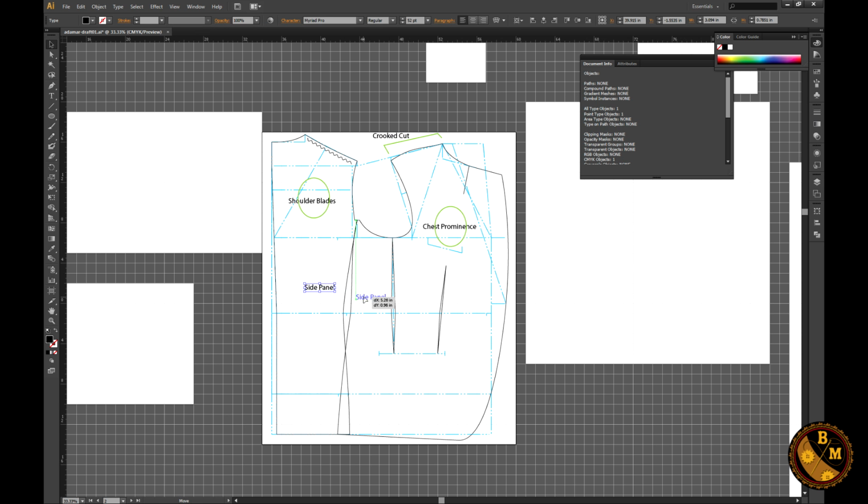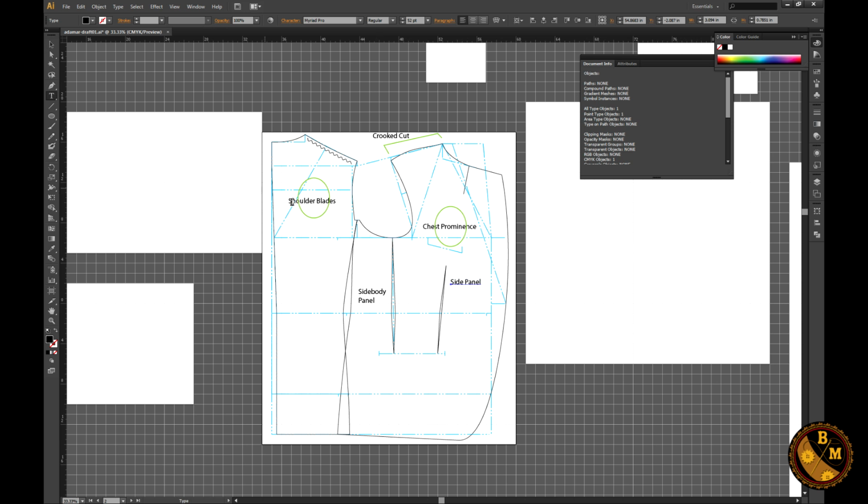The side panel would be about right where it is here. On some jackets, this is an entirely separate panel cut all the way down to the bottom, a separate piece of fabric altogether. Sometimes they call it the side body, especially when you're dealing with an older type of coat that has a waist seam.